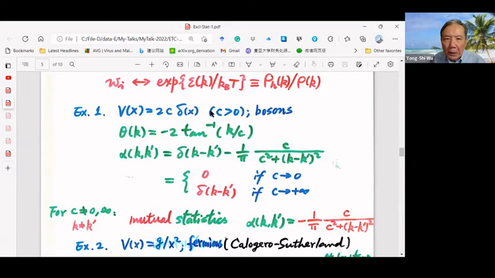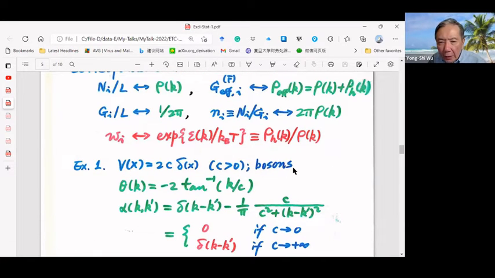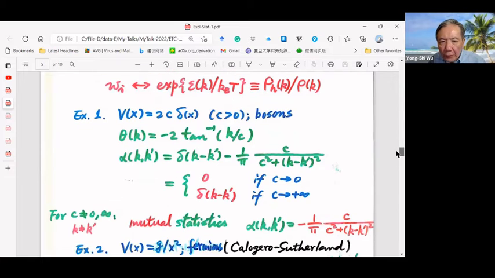So two special examples. The first is when the pair interaction is a delta function with positive coefficient. So we have repulsive interacting bosons with delta function interaction. Okay, so theta of k, the phase shift, can be solved to get this one.